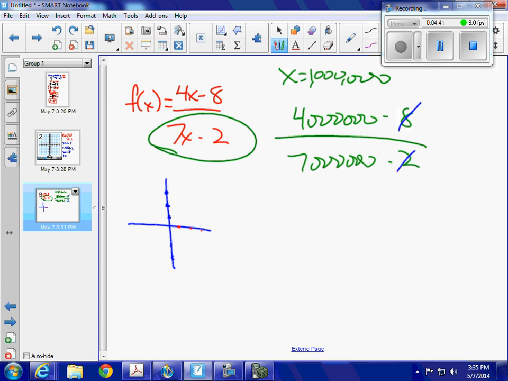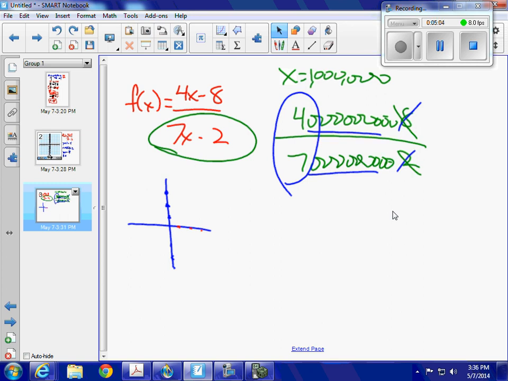They're very tiny. And the millions are going to cancel out. So I'm going to be approaching the value of 4/7 as x approaches infinity. If I'm talking about billions, or even bigger numbers, the 8 and the 2 are even less important.